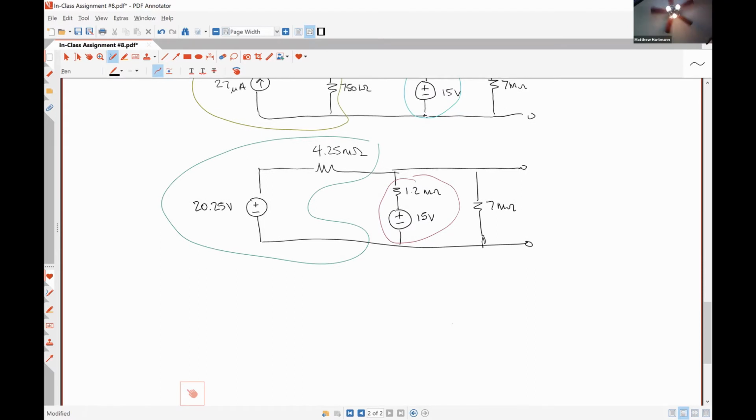So we are going to have, I might need to give myself a little bit more room here. 20.25 volts divided by 4.25 mega ohms gives me a 4.765 microamp source in parallel with a 4.25 mega ohm resistor.